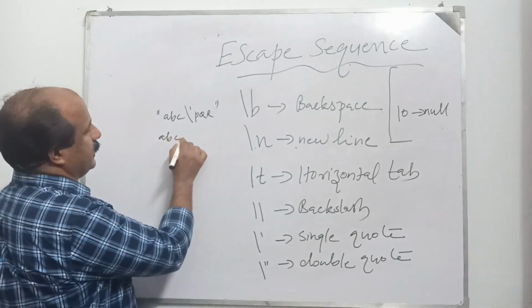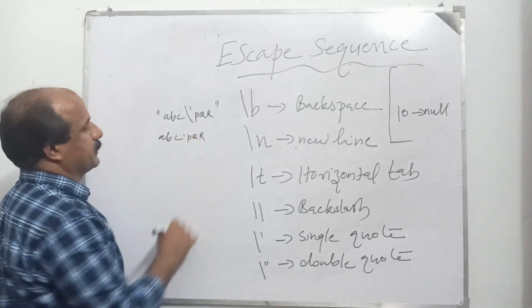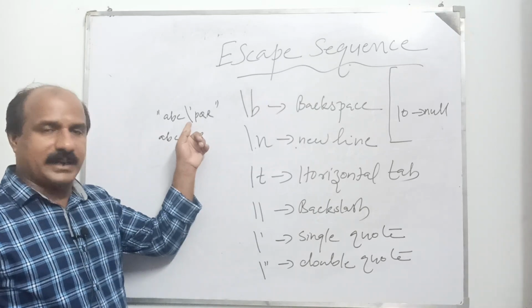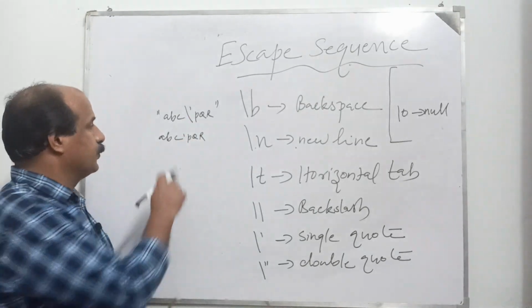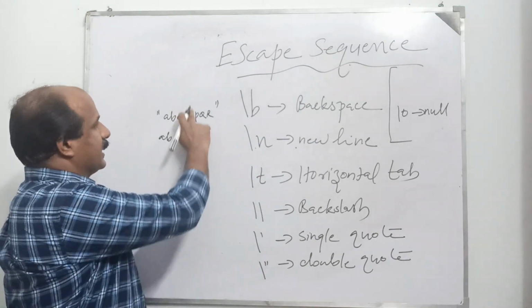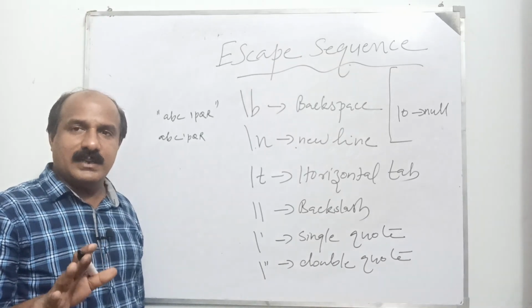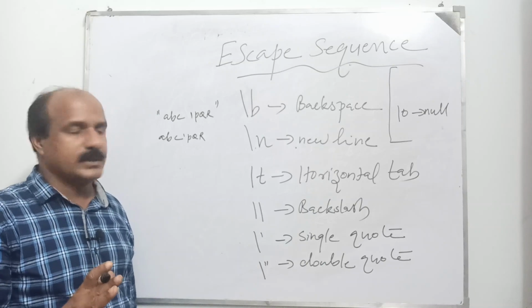A, B, C, then a single quote, then P, Q, R will be printed, because this represents one character. What is that character? Single quote. If you write a single quote directly in your text, it will have another meaning. That's why. Is it clear?